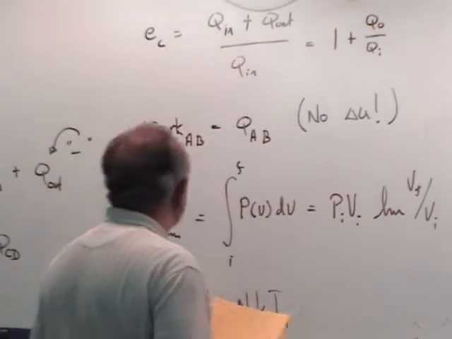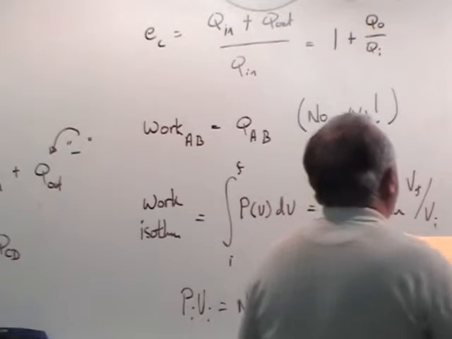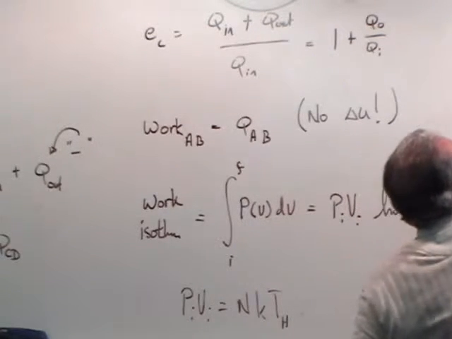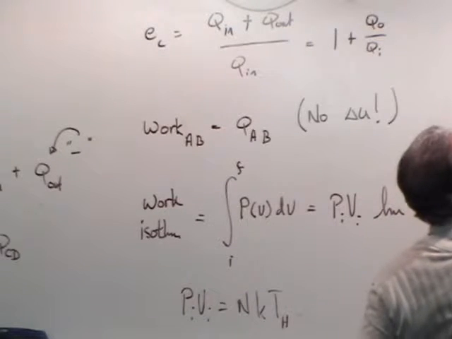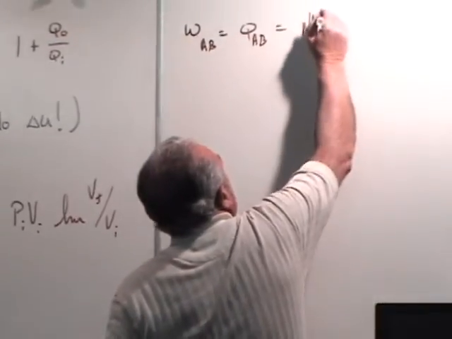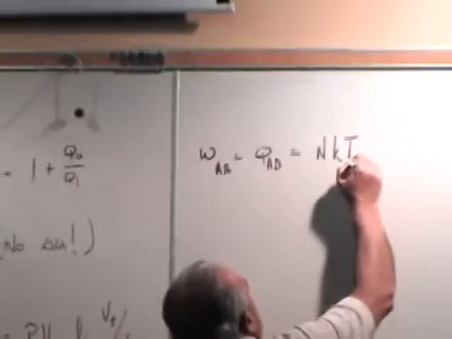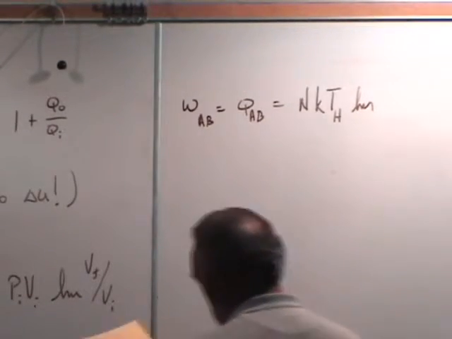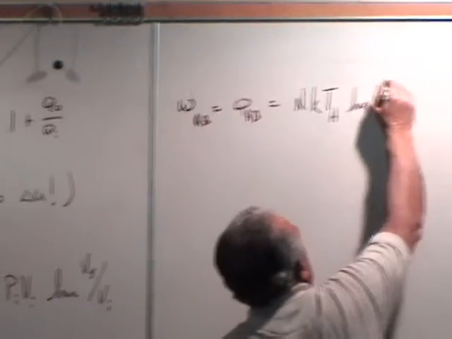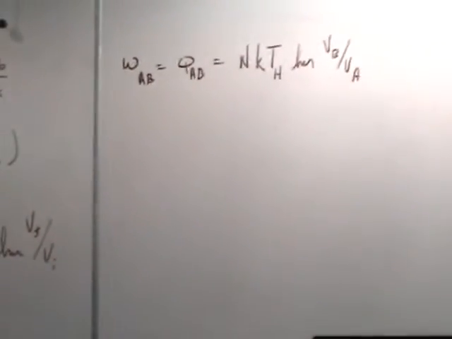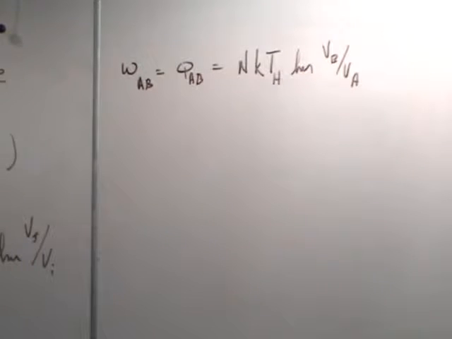So finally, work AB, which is Q AB, is going to be NK T hot ln of VB over VA. That's the stroke that we're on. We're on from A to B, so the delta V is this volume minus that volume.